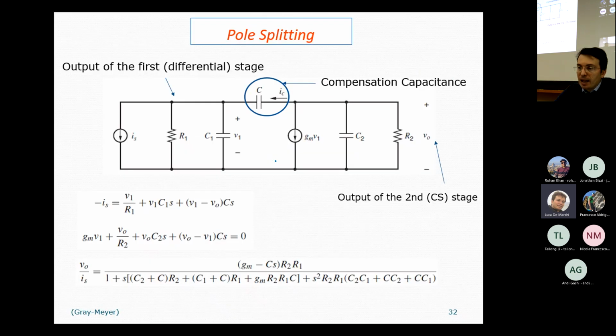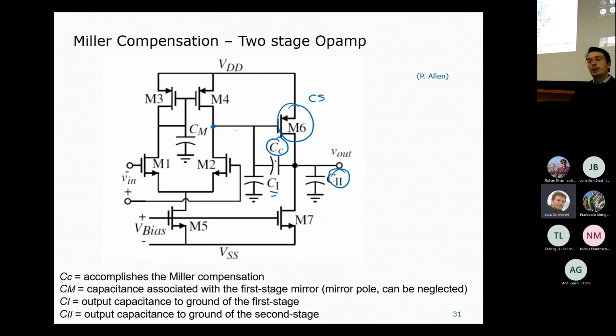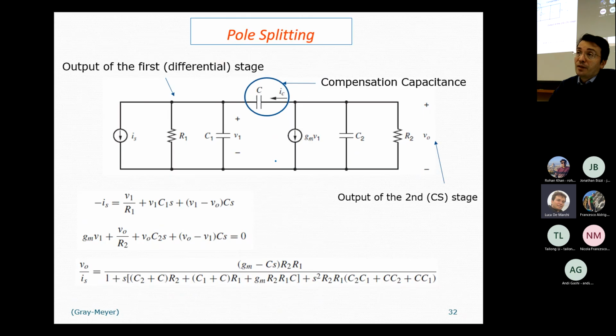How is this achieved? Okay, so we have to get back to the analysis of the two-stage configuration that we have analyzed a few days ago. So basically, the topology that we have seen in the previous slide can be represented schematically in this plot in terms of small signal analysis.